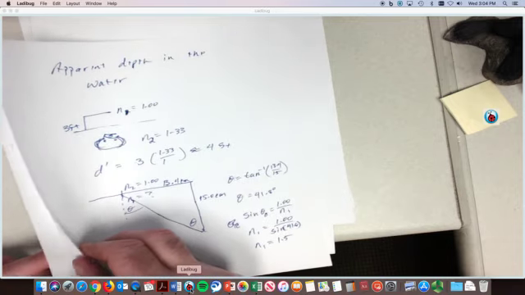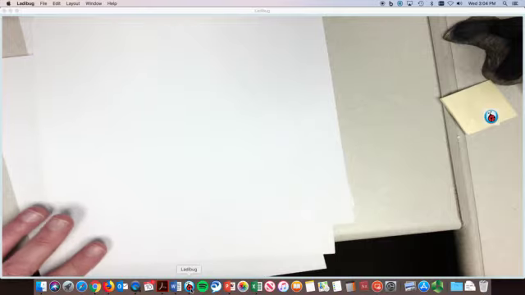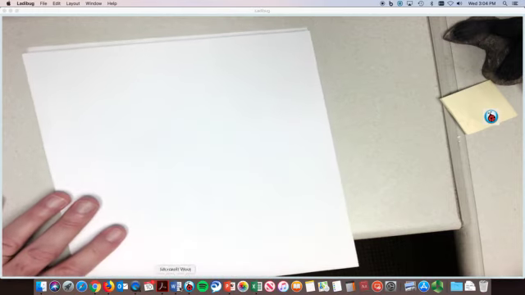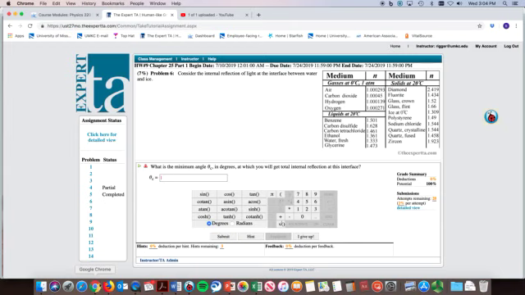I'm burning fat I don't have right now. So anyway, it's fraught with peril. All right, so N1 is equal to 1.333. Got to carry it out to 4 sig figs. N2 of ice is equal to 1.309.